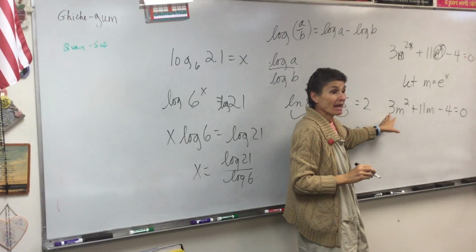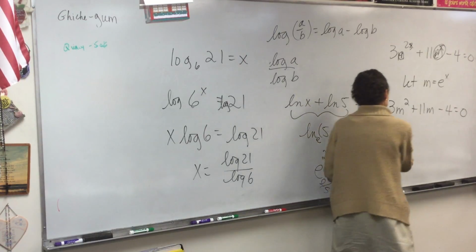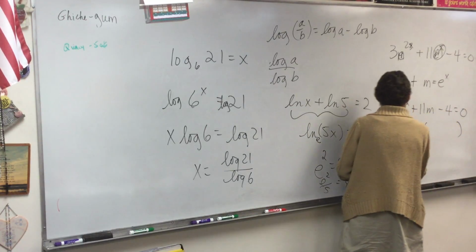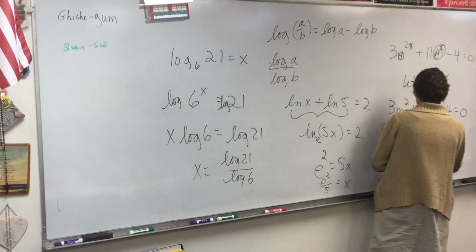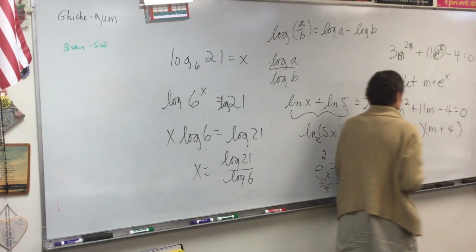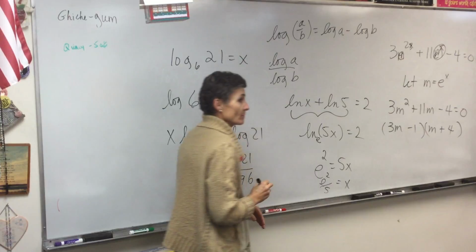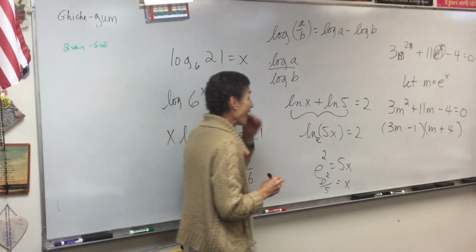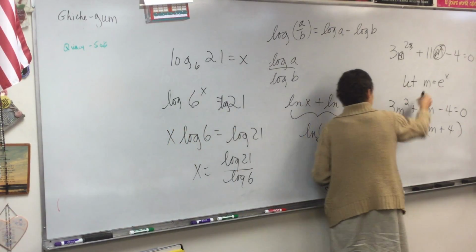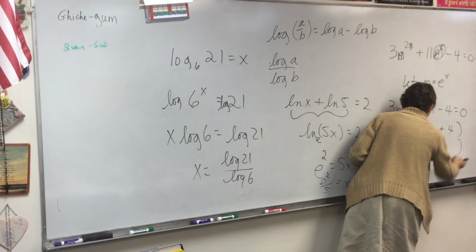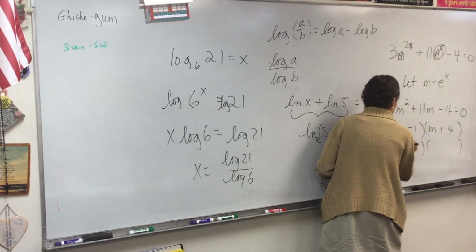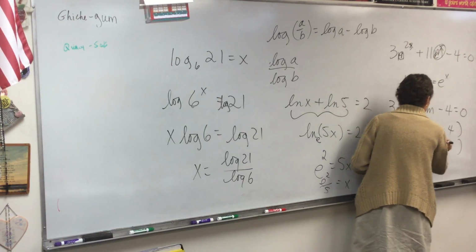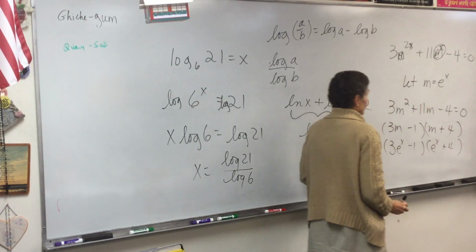Now, does that factor? Yep. Some of you aren't very good at factoring, so I'll work on it for a minute. But this factors like this. So go back and say, okay, well, I let m be e to the x, so what would the factors be? 3 e to the x minus 1 and e to the x plus 4.